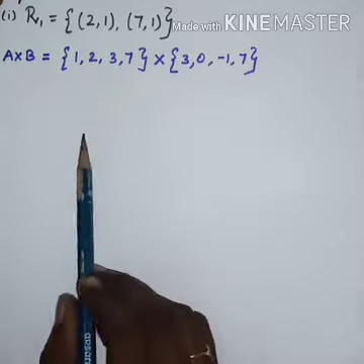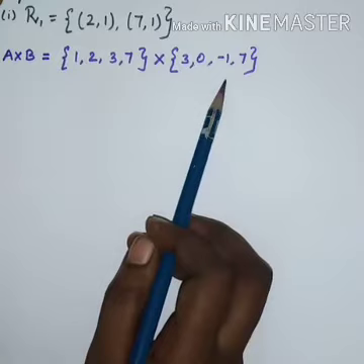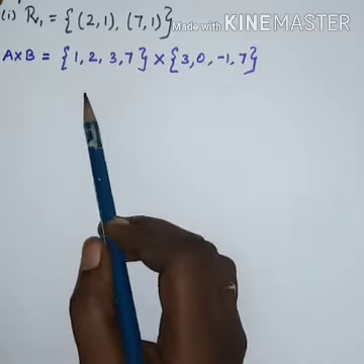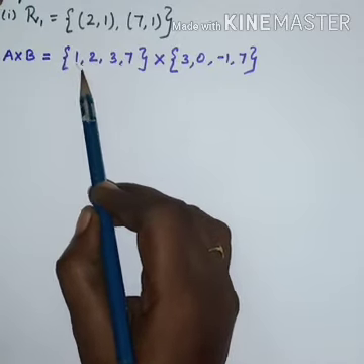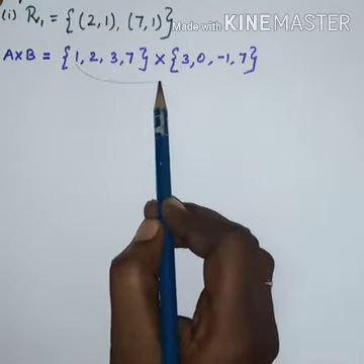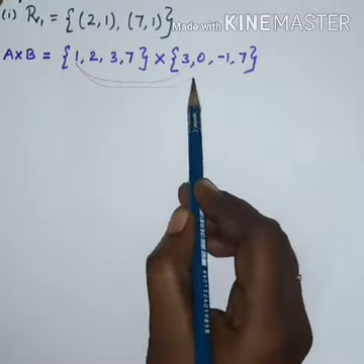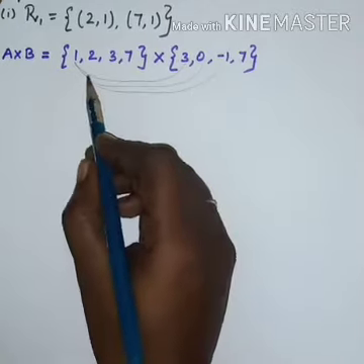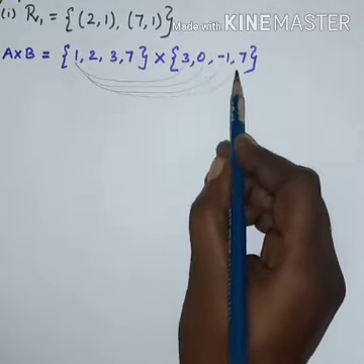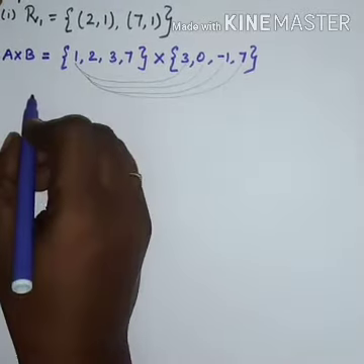In the first exercise, we saw how to find the elements of A cross B. That is, we have to pair the first element in the first set with all the elements in the second set. That is (1, 3), (1, 0), (1, -1), (1, 7). This already you know how to write.